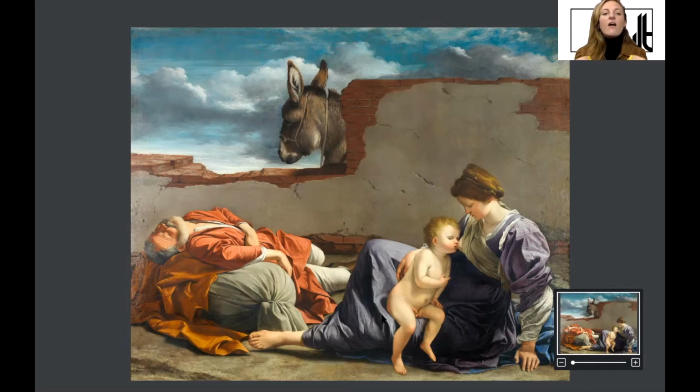And that's enhanced, of course, by these very separate, distinctive color zones. So you have the red and the sort of fire of man, and the water of woman, the red and the ochre for Joseph, and the violet and the blue for the Virgin.